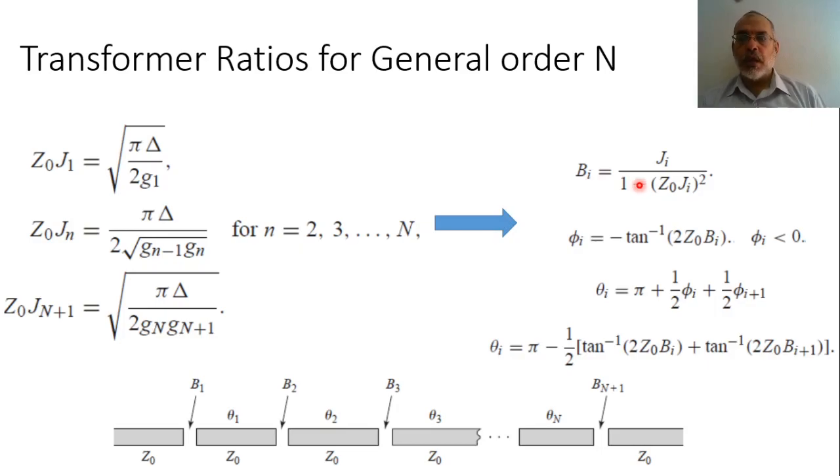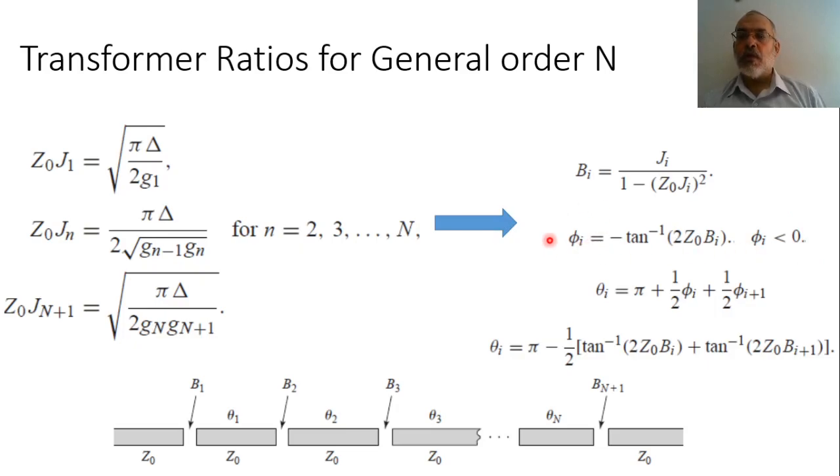And from Bi, I can obtain the required phi i, which corresponds to the required transmission line section which should be connected to the capacitor to obtain the required inverter. So phi i is given by minus tan inverse of 2 Z naught Bi, and it should be noted that phi i should be a negative value.